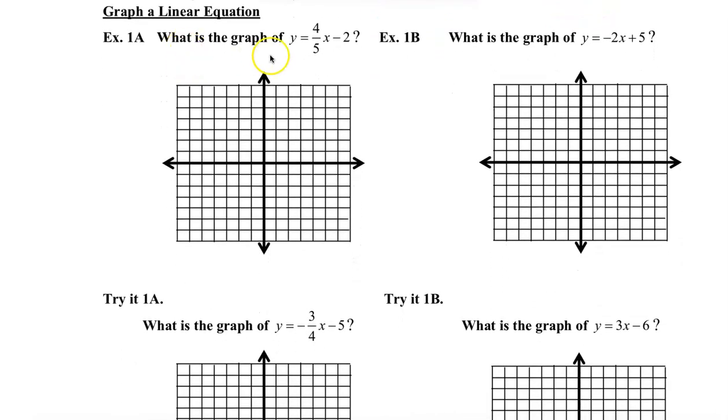So what is the graph of y equals 4/5 x minus 2? First thing I'm going to find out is the two things we just talked about: what is the slope, and what is the y-intercept? My slope is the thing next to the x, the coefficient of x, so 4/5. 4/5 is positive, so we're going to go up 4, and we're going to run 5.